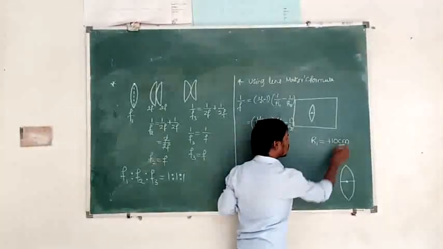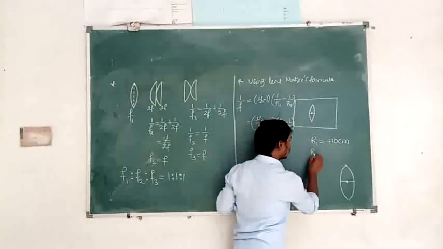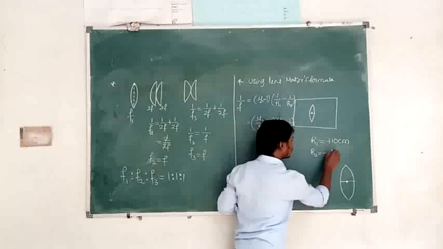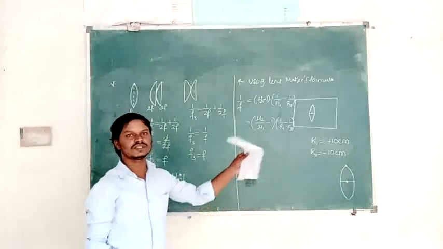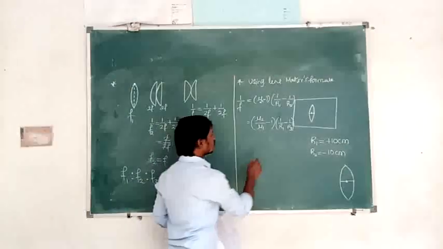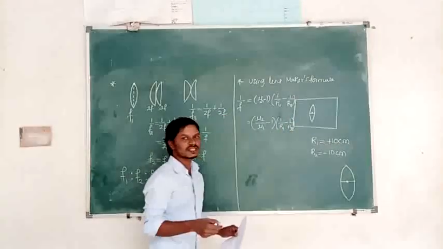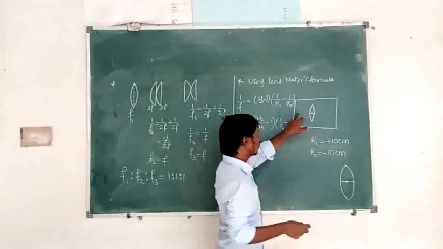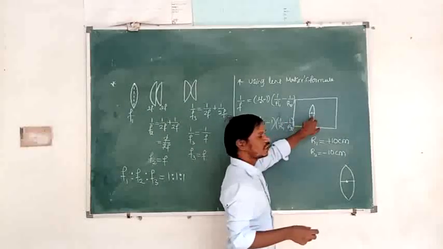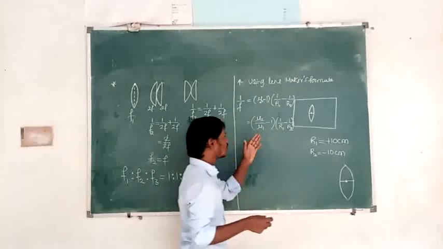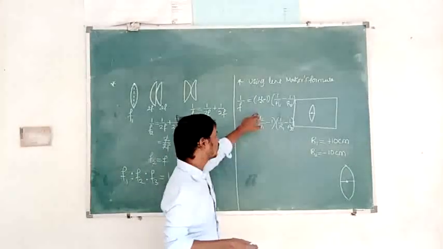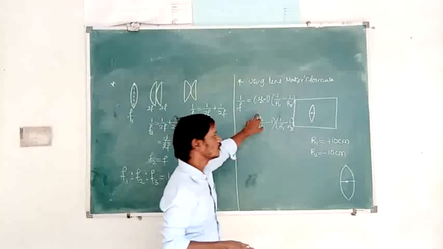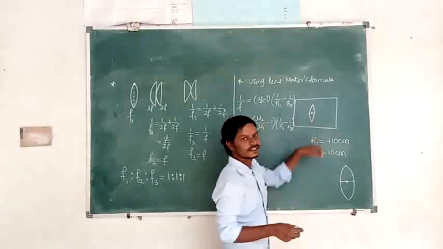R1 is taken as plus 10 centimeter and R2 as minus 10 centimeter. These are the radii of curvature of the lens. Then from which medium to which medium is light passing here? From glass medium to air medium. If the light passes from glass to air, the first medium is glass and the second medium is air, because the lens has air here.